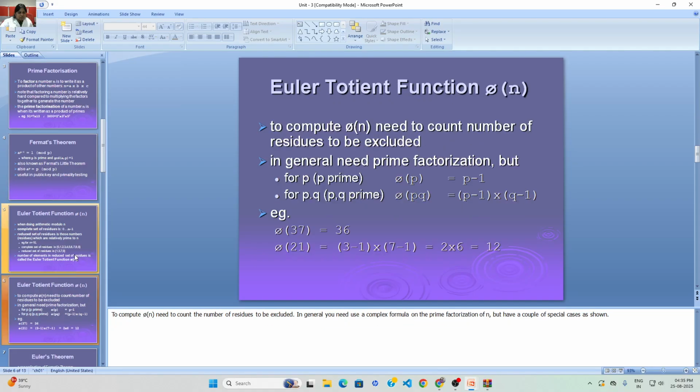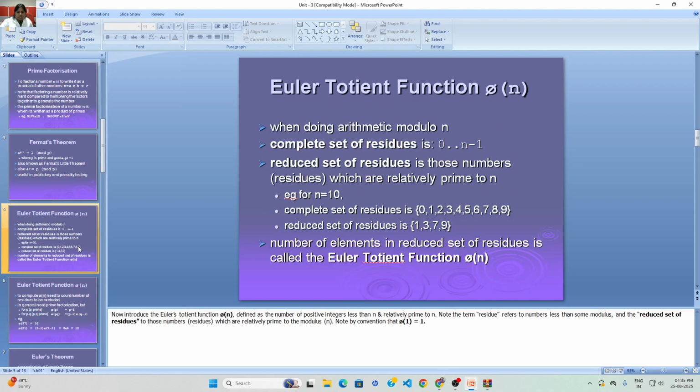Next is Euler's totient function. It was developed by Euler. We take the value of n, and consider the numbers 0 to n minus 1 that are relatively prime to n. For example, with n equal to 10, we take the values 0 to 9.